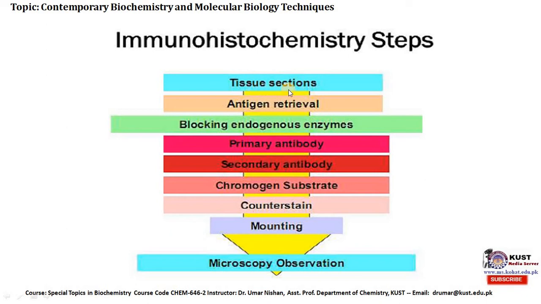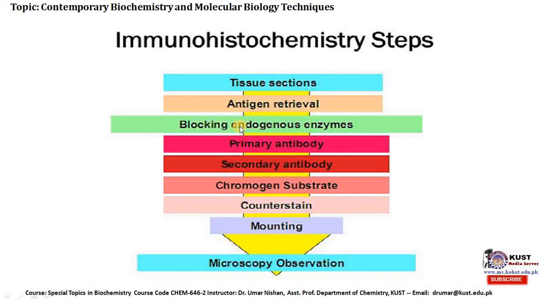Once we have the tissue sections prepared, the sections are processed for antigen retrieval, and after following the protocol of antigen retrieval, we block the endogenous enzymes by using certain material like BSA.